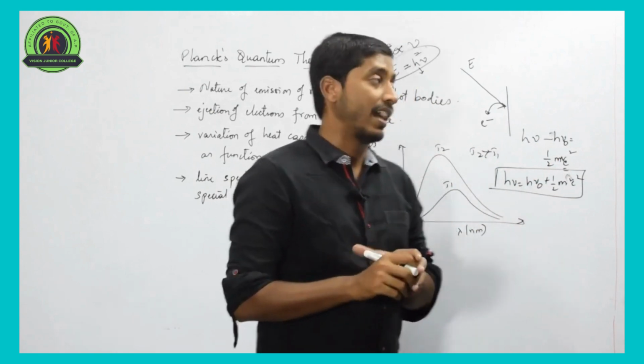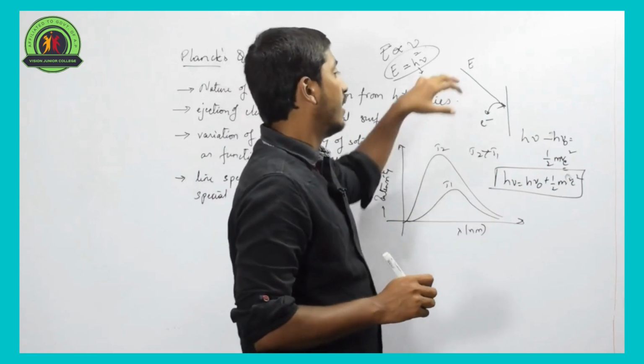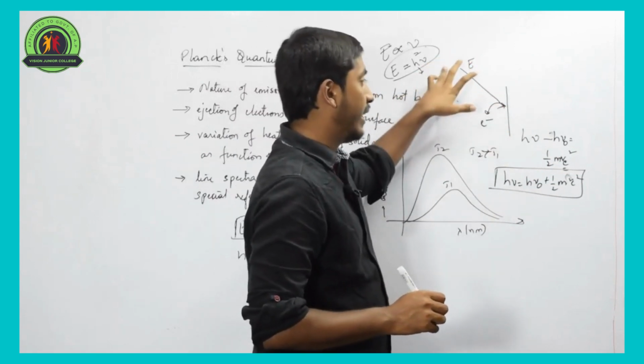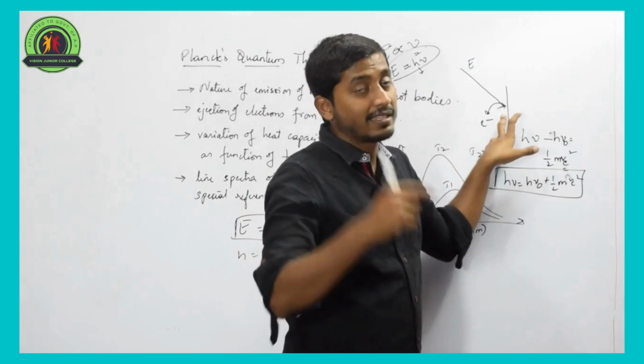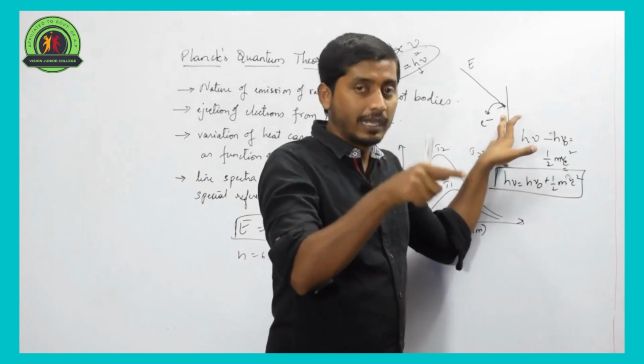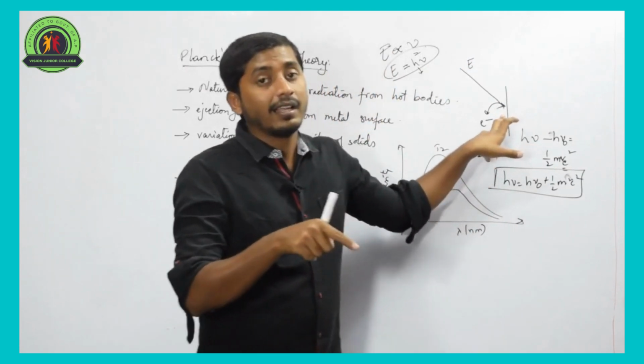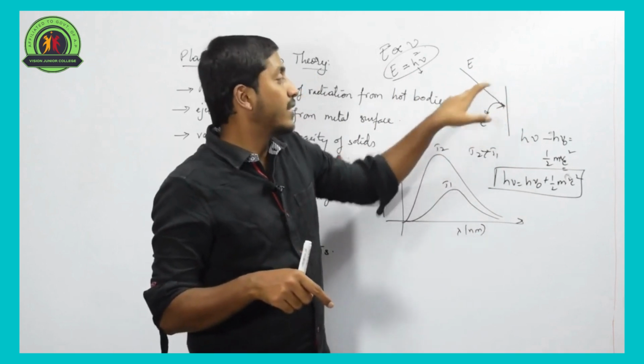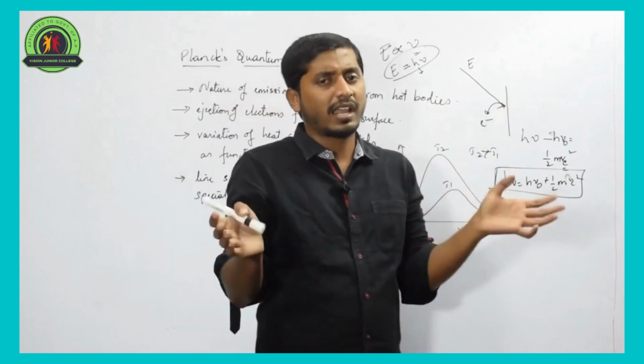He always observes that, see here, on a plane surface when a beam of light energy is incident on a metal plane surface, then within no time this electron will come outside. There is no time lag.